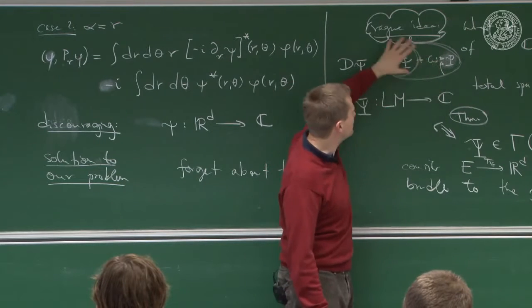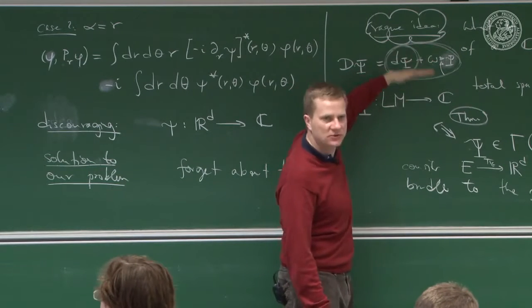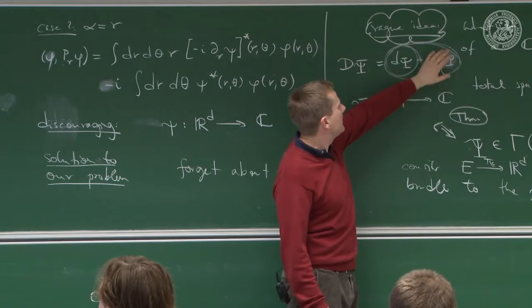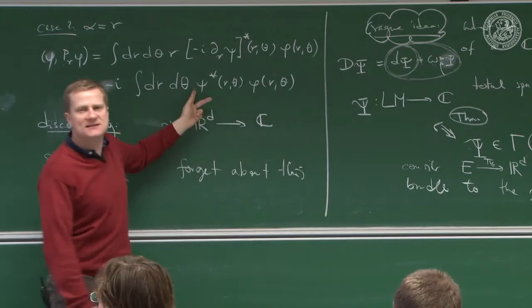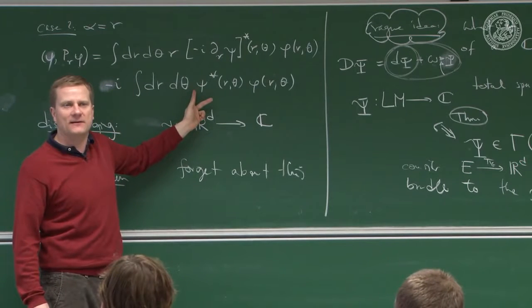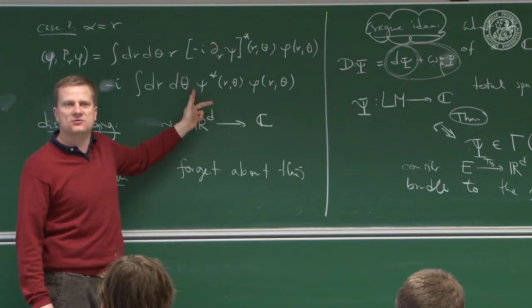Well, you have to push this down, this is still on the principal bundle, but that's another issue. By an extra term here, maybe this extra term could have cancelled this term and everything would be fine. That's what we're going to try.